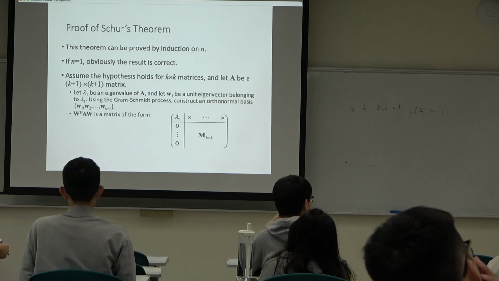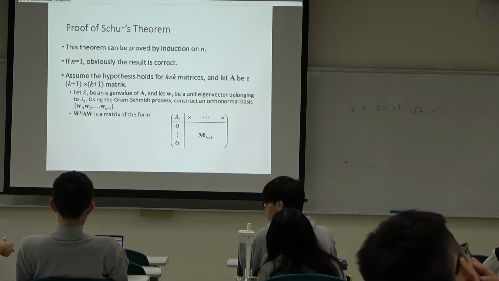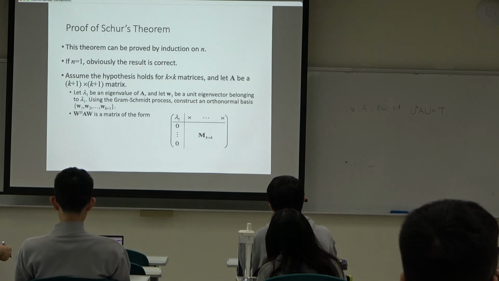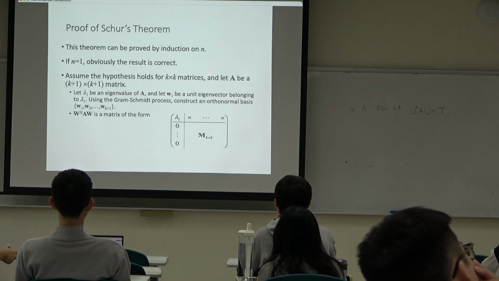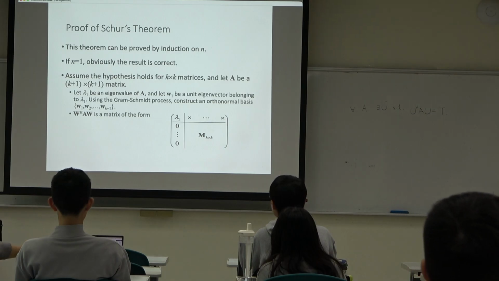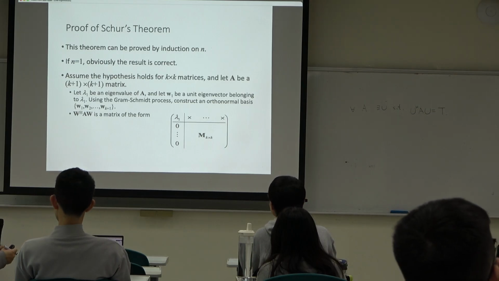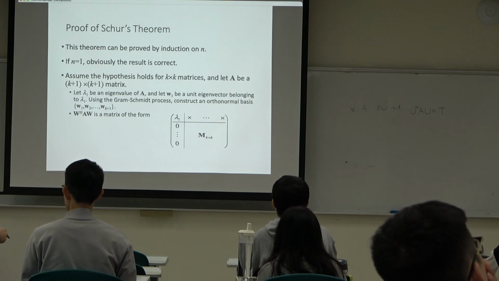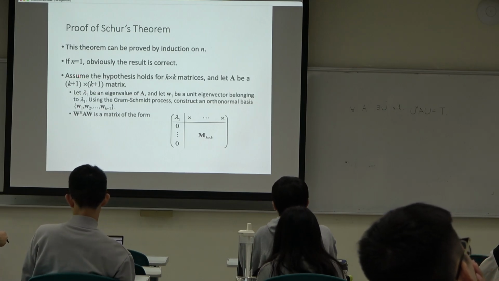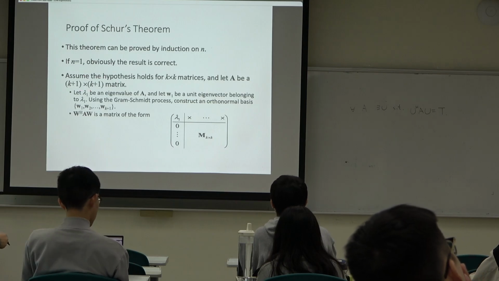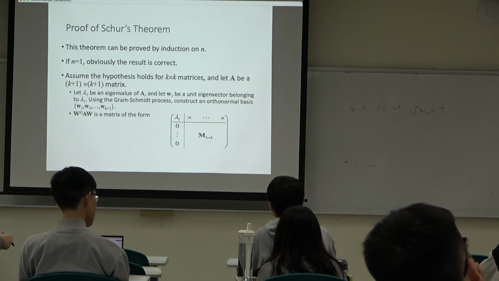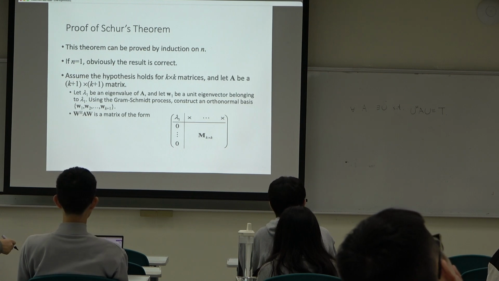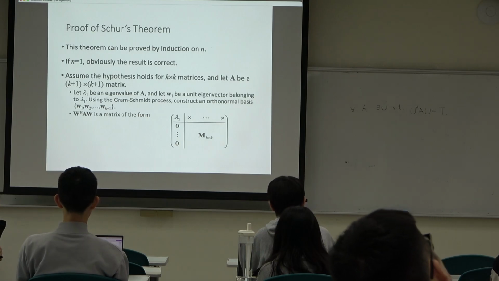So now, let's assume this result is valid for K by K matrices. We want to show that for a K plus 1 by K plus 1 matrix, we have that as well. So, the eigenvalues and eigenvectors of A. Remember, this A is of size K plus 1 by K plus 1.